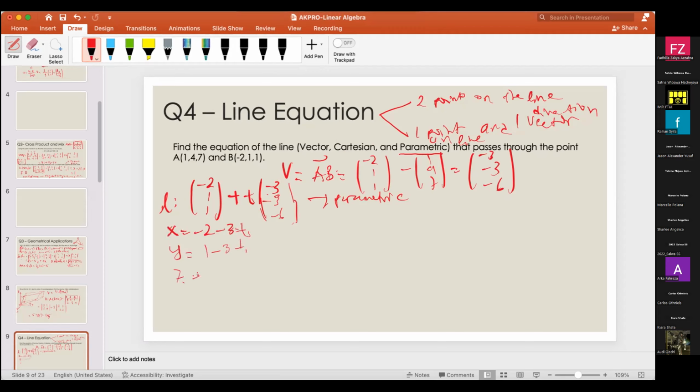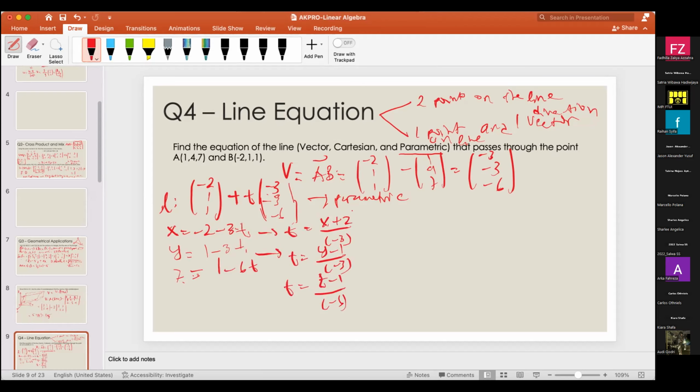And z is equivalent to 1 minus 6t. So if we were to change this into t form, it will be t equals x plus 2 over -3, t equals y minus 1 over -3, and t equals z minus 1 over -6.